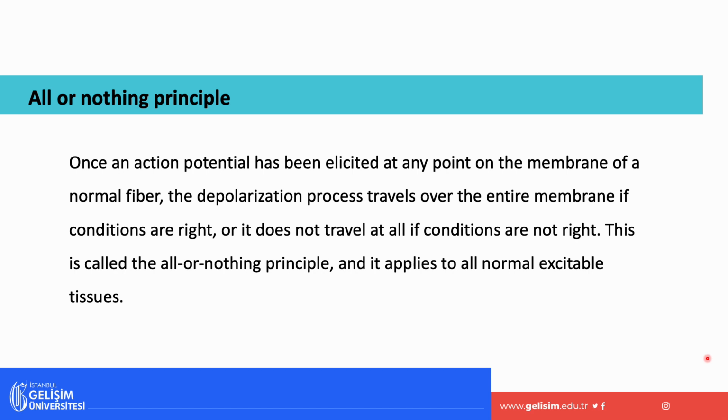This triggers the opening of the voltage-gated potassium channels, which allows potassium ions to leave the cell and repolarize the membrane potential back to its resting potential. So the all or nothing principle ensures that the action potentials are consistent in their amplitude and duration. That's going to allow for a reliable as well as an efficient transmission of information in the nervous system.